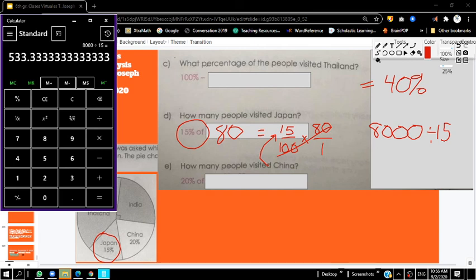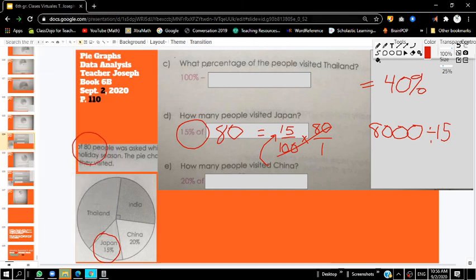Something's wrong there. Let's try this one more time. 15% of 80. I did something wrong here. Let's try this again.